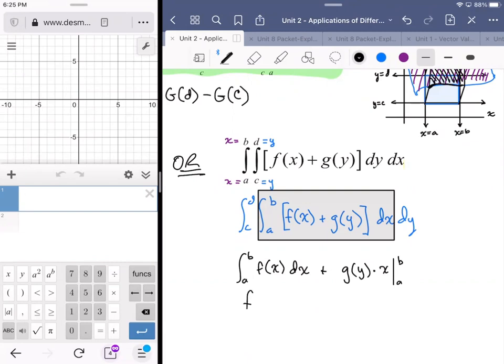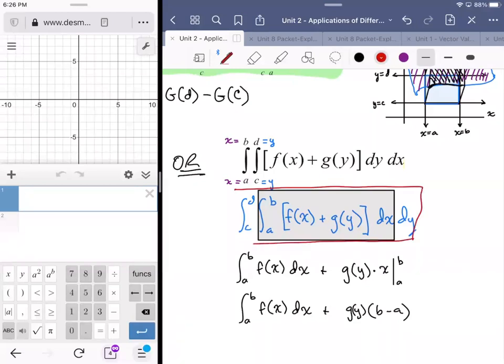which then in turn, let me just copy paste this. Becomes g of y times b minus g of y times a, which is going to become g of y times b minus a. All right. Then carry through the next level of integration here, where we integrate with respect to y over the interval of c to d.